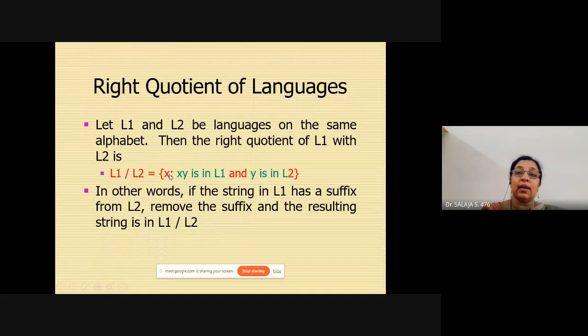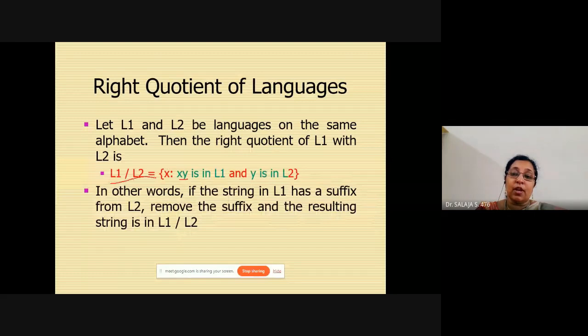The right quotient L1 slash L2, where slash is the operator which represents the right quotient of two languages, will be a set of strings X, where you find strings from the first language L1 which can be divided into two parts, X and Y, where Y is a string represented in L2, and the remaining part X is considered as L1 slash L2. That is what they mean by this definition.